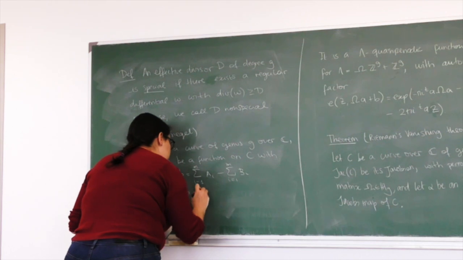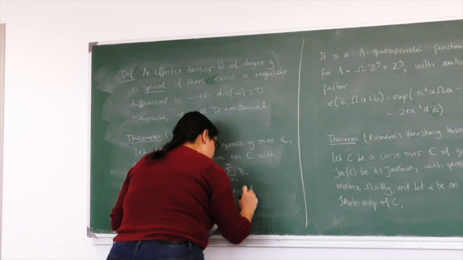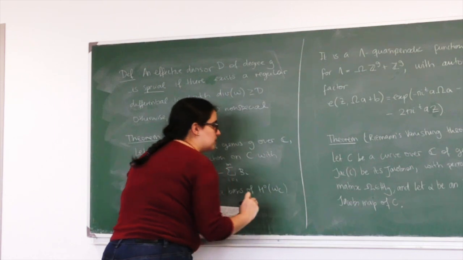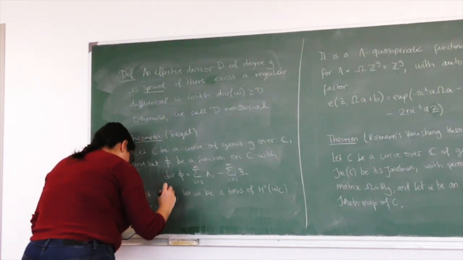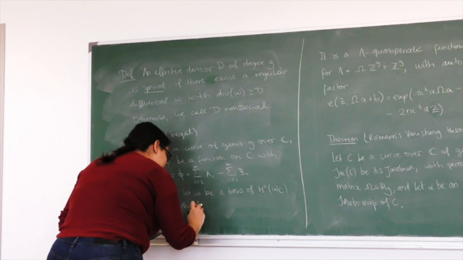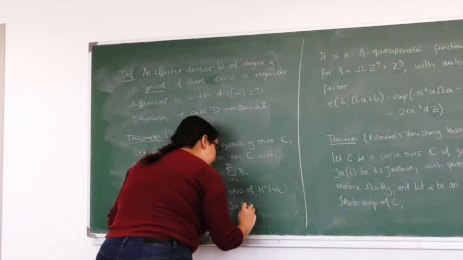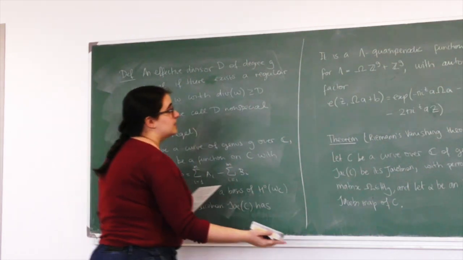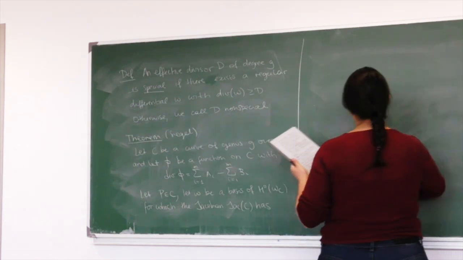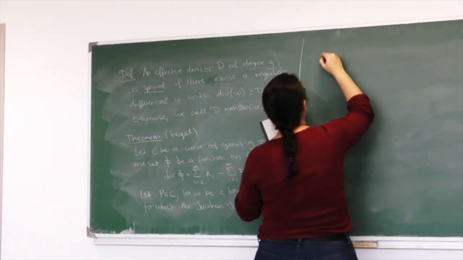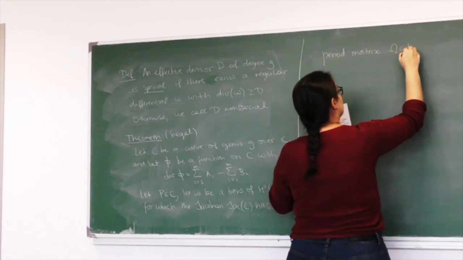Let omega be the basis of the holomorphic differentials, for which we have that the Jacobian is given by a certain period matrix, for which the Jacobian of C has period matrix Omega in the Siegel upper half space.